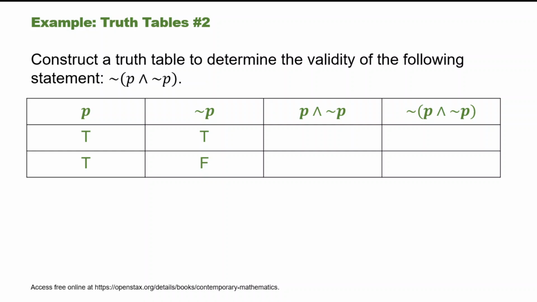Construct a truth table to determine the validity of the following statement: not, parentheses, P and not P, close parentheses. So the headers that we have on this table are P, then not P, then P and not P, and then not, parentheses, P and not P, close parentheses.